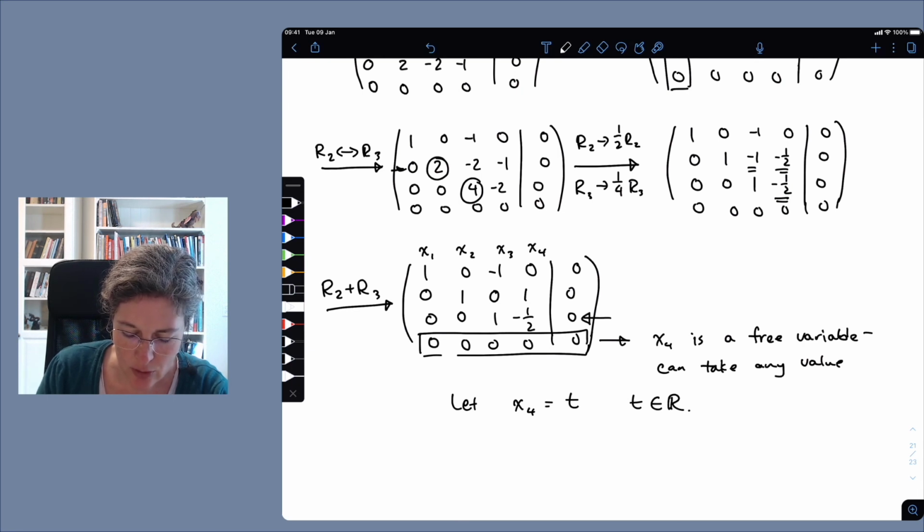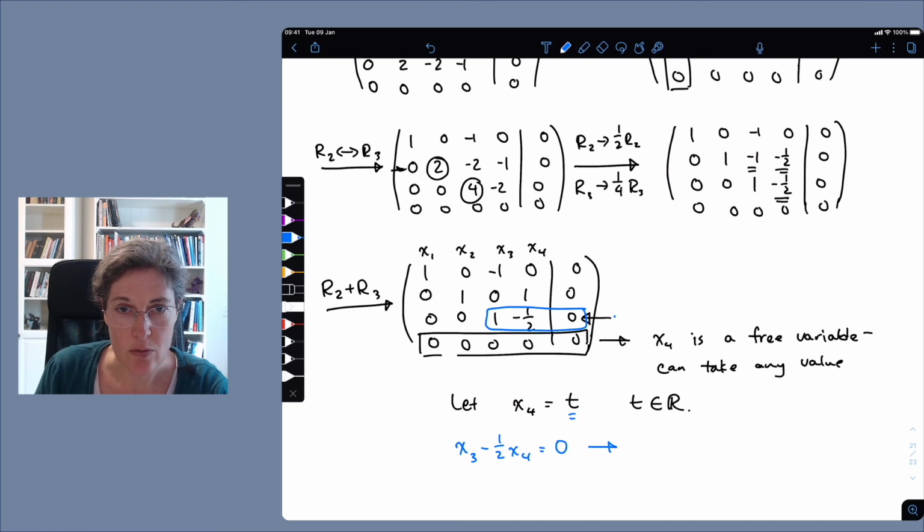Well, this equation over here says x3 minus a half x4 is equal to 0. But we know that x4 is equal to some number, although we don't know what that number is. So really what this is saying is that x3 is equal to a half t.